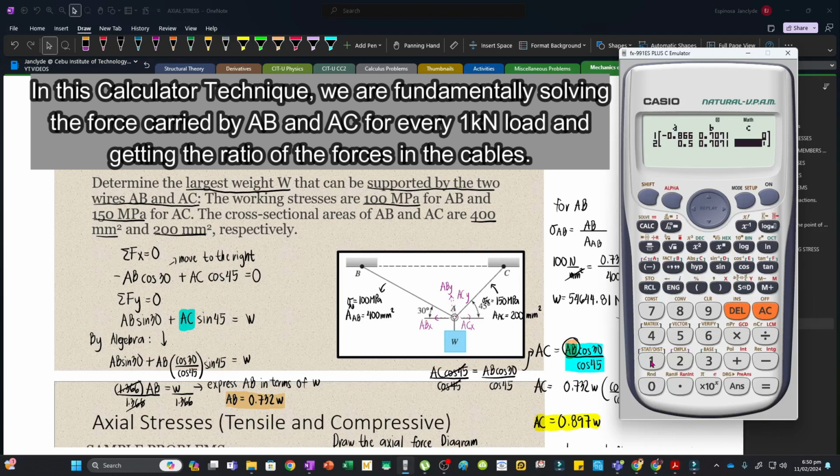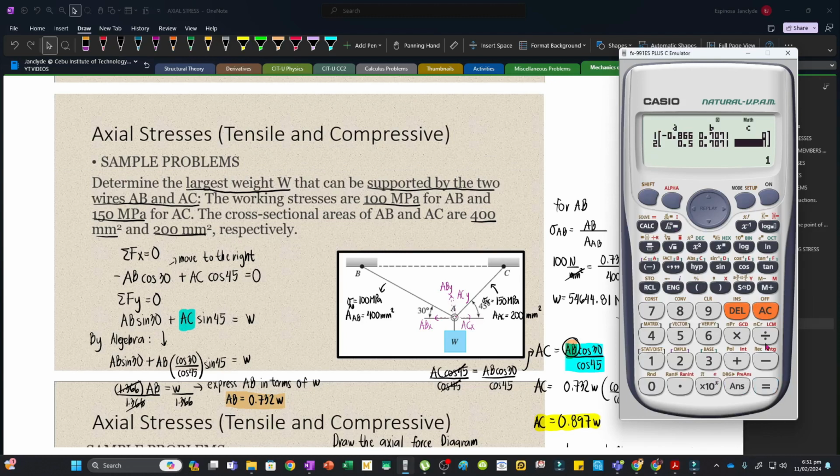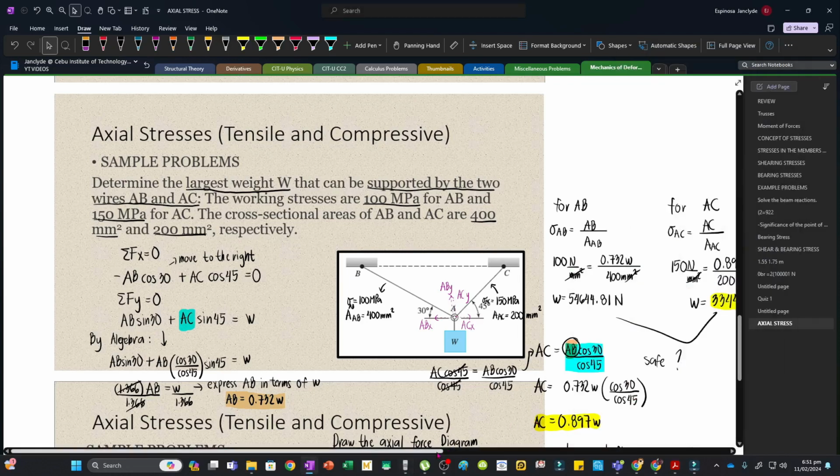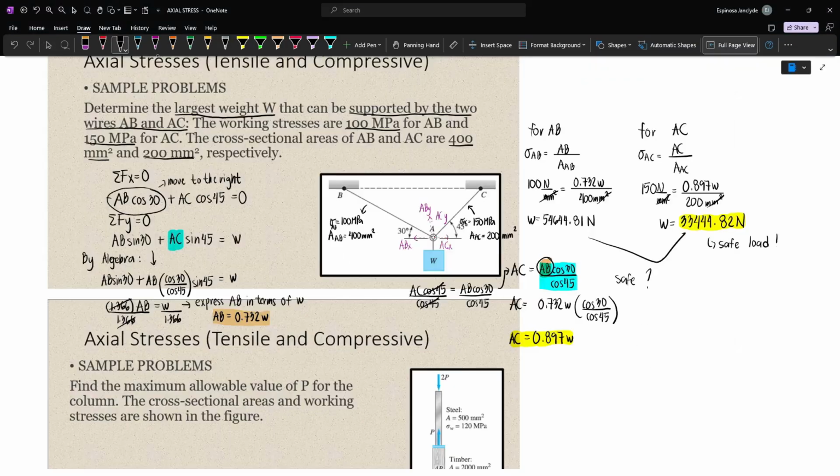If we input 1 here, this will act as our W. And then if we press equals, our X will be 0.732. However, that's in terms of W, and notice that this is the same with this one. And then if you press equals again, you will get Y, and notice that this is also the same with this one. And so this is how you can obtain these values by using this calculator technique. And then the next part of the process will just be the same as earlier, which is solving the safe load.